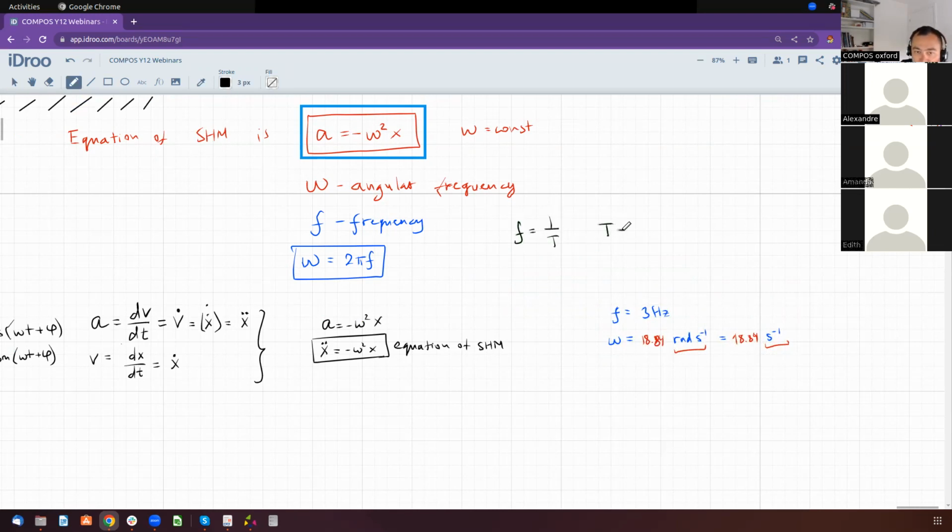So in other words, time period is 1 over frequency. And frequency is omega over 2 pi. So that's going to be 2 pi over omega. So frequency is 1 over time period, and time period is 2 pi over omega, as I have already mentioned. So I'll just frame that.